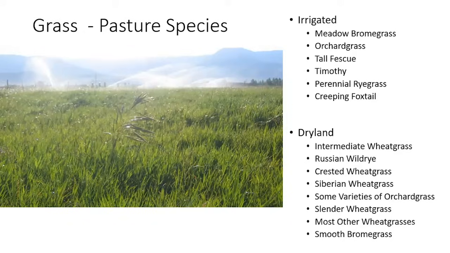If it's, let's say, in Cache Valley, you get a little bit more rain here than, say, western Box Elder County. Then you could use some of the orchard grass and maybe smooth brome grass. It just depends on how dry it is, how wet it is. You can use a lot of different things to try to determine what grasses you want to put in pasture.